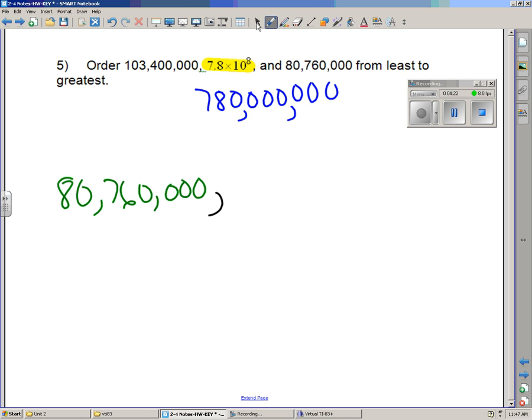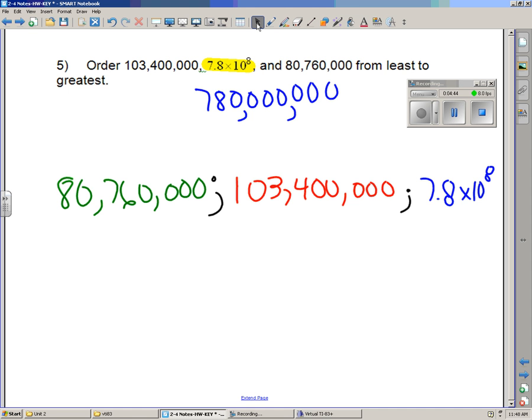So I would then use a different color actually, 103,400,000. And then that would be followed by the largest number, which happened to be written in scientific notation, and that's how I'm going to give it back to them, 7.8 times 10 to the 8th. So that's writing numbers from least to greatest or greatest to least.